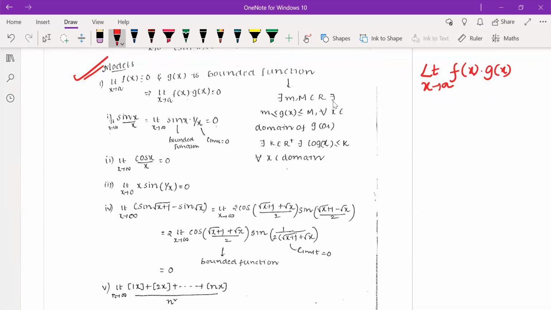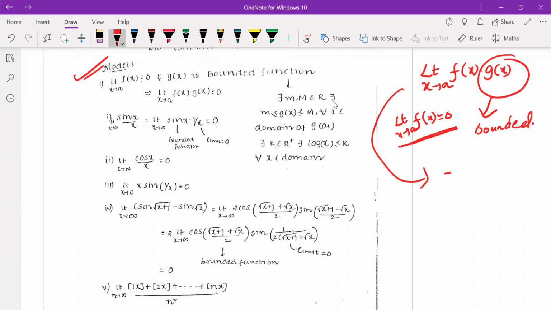If g of x is bounded and limit x tends to a f of x equal to 0, that is, f of x becomes 0 and g of x is a bounded function, then this limit becomes 0.